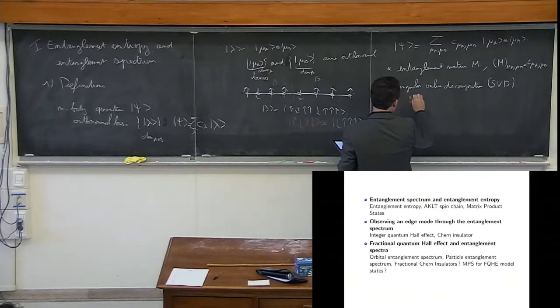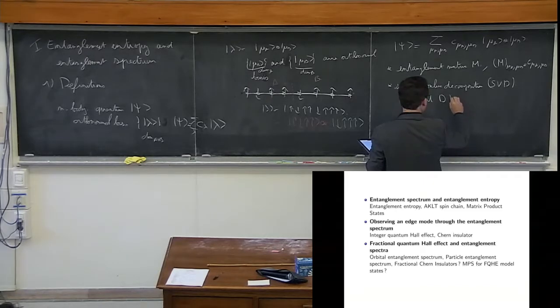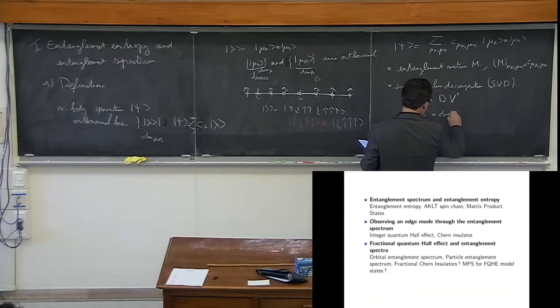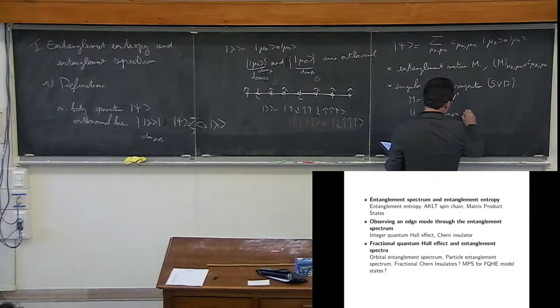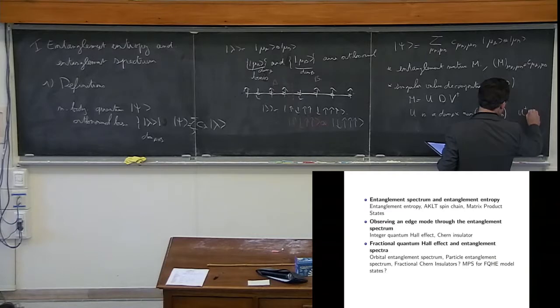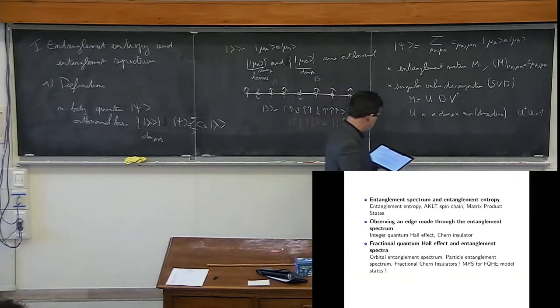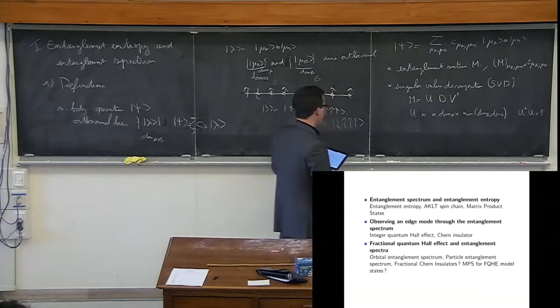So you can write M as U, D, V dagger. So U is a dim A times the minimum of the two values, dim A and dim B, matrix, which satisfies U dagger U equal to 1, which would just mean that the rows of U are orthonormal.